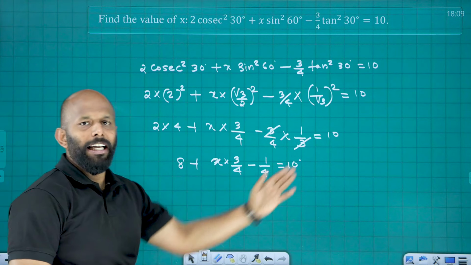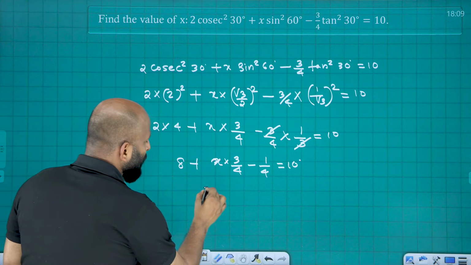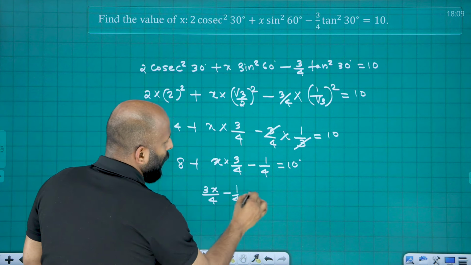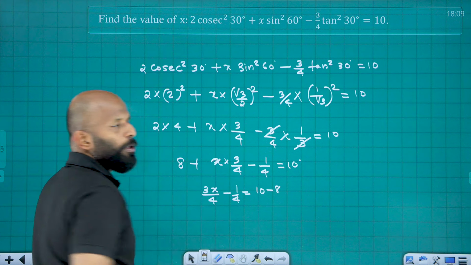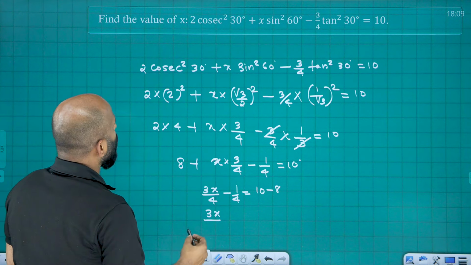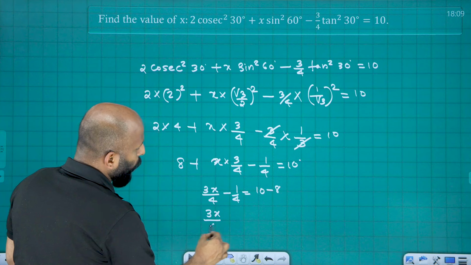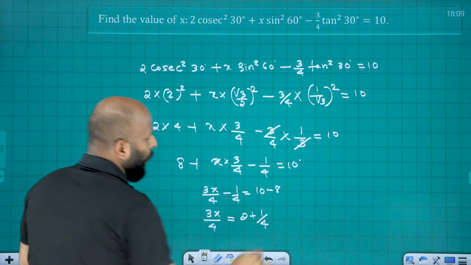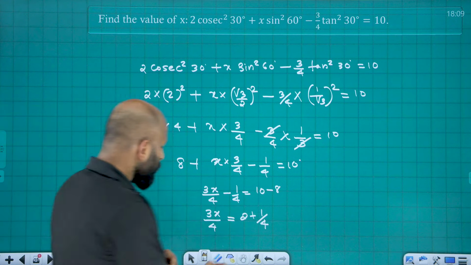Now this 8 we can take to the right side. So 3x divided by 4 minus 1 by 4 is equal to 10 minus 8. So 10 minus 8 will be 2, so 3x divided by 4 is equal to 2 plus 1 by 4.